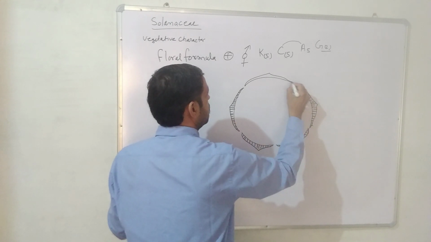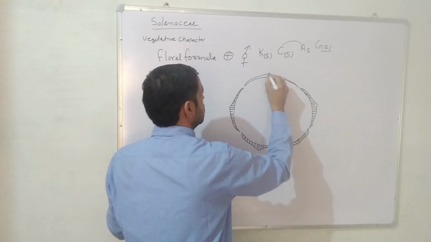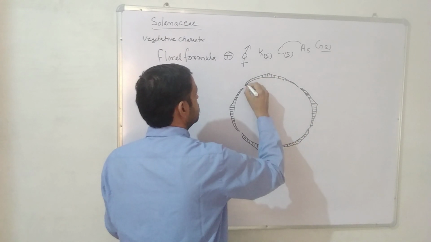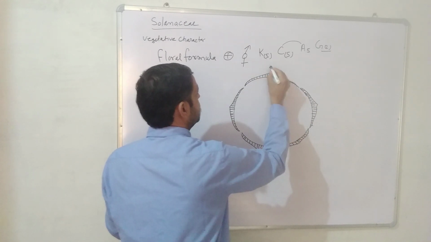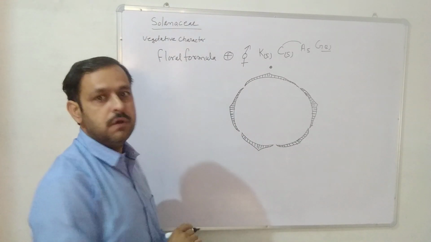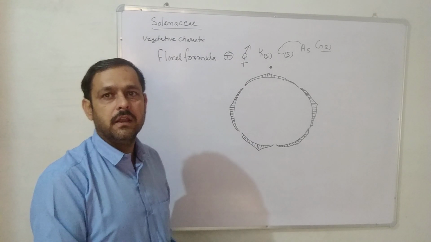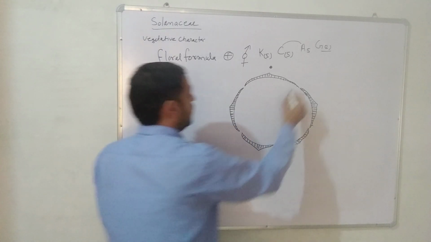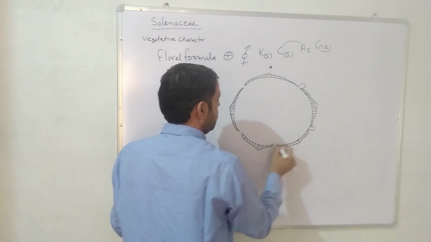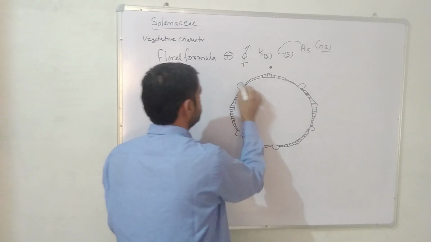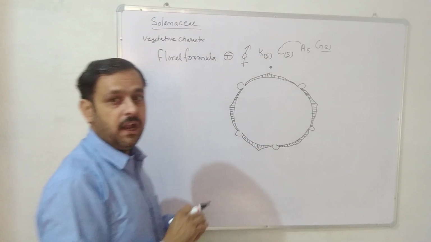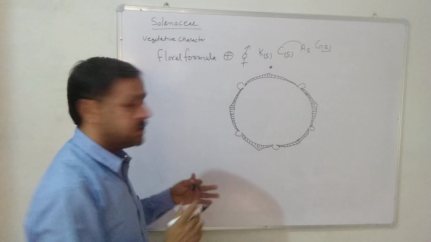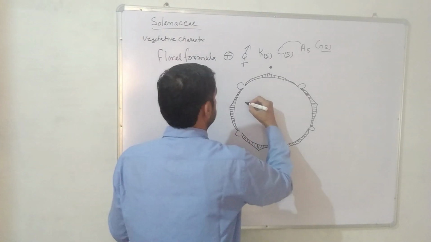First of all, it is the calyx, and this is the mother axis, which you have to draw in all floral diagrams. And this is the aestivation, valvate aestivation between sepals, and valvate aestivation in petals.